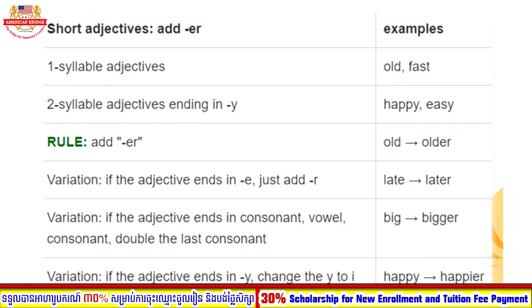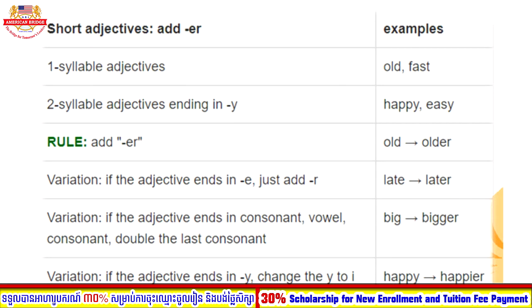Like the word big, we have to note that if the word ends in consonant, vowel, consonant, we have to double the last consonant. Like the word big, bigger. So you see double g, right? You understand? Okay, good. And happy, happier.